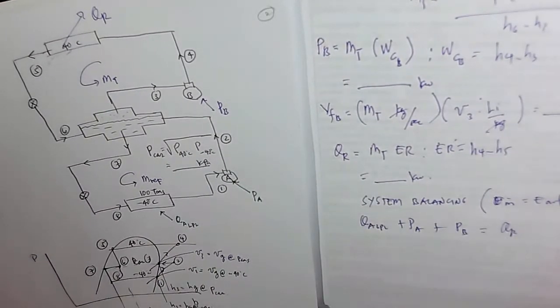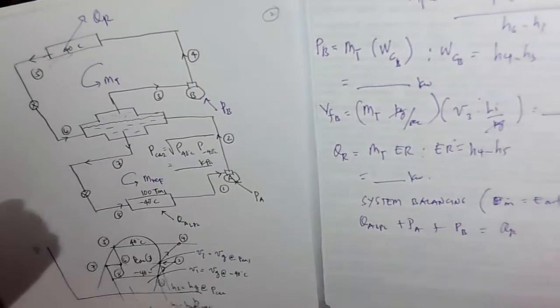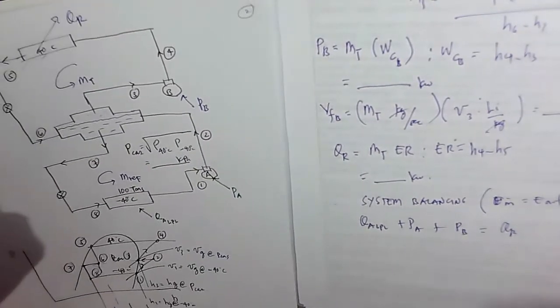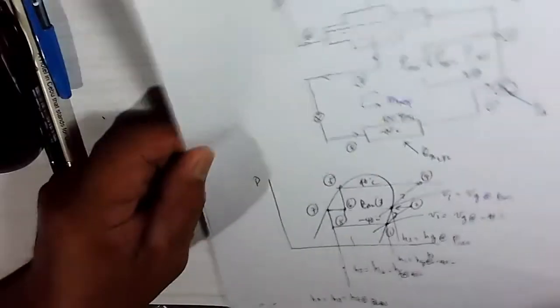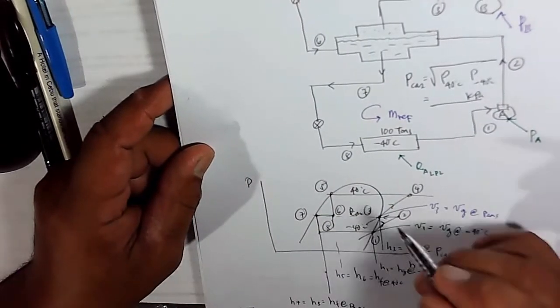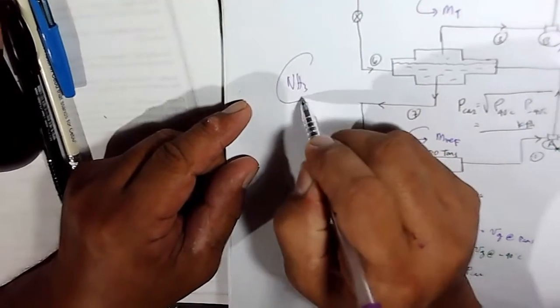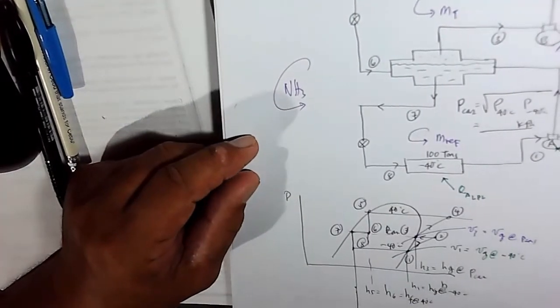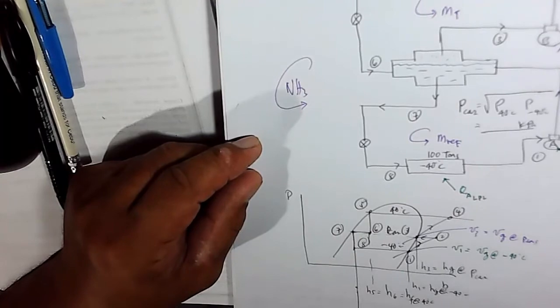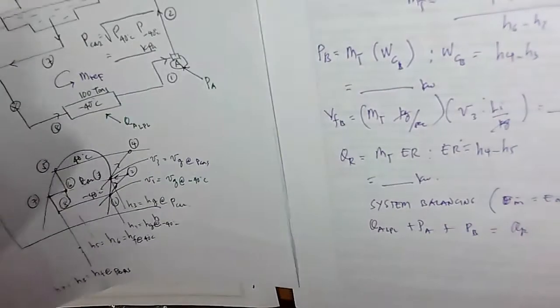Okay, you can now compute your activity 13. We are going to use ammonia here, NH3. The refrigerant that you are going to use in the system is NH3.